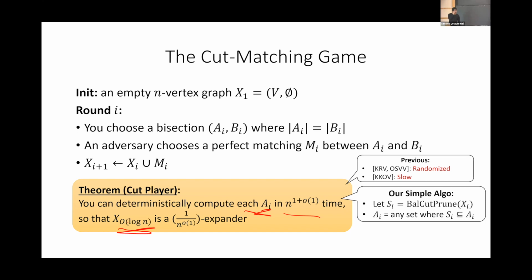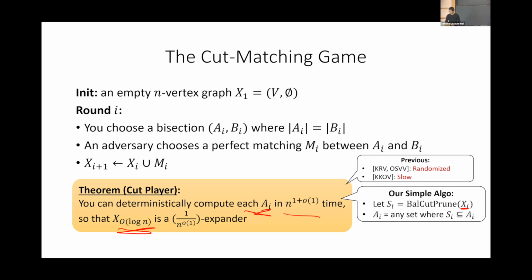And the algorithm is actually simple. You look at the graph at time i, call it X_i, and call this bow cut prune subroutine.